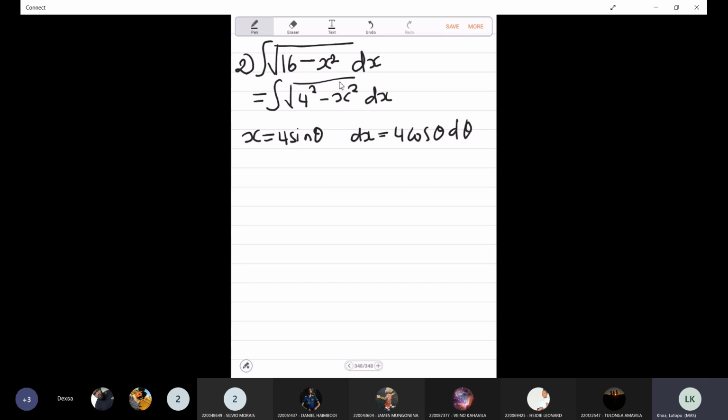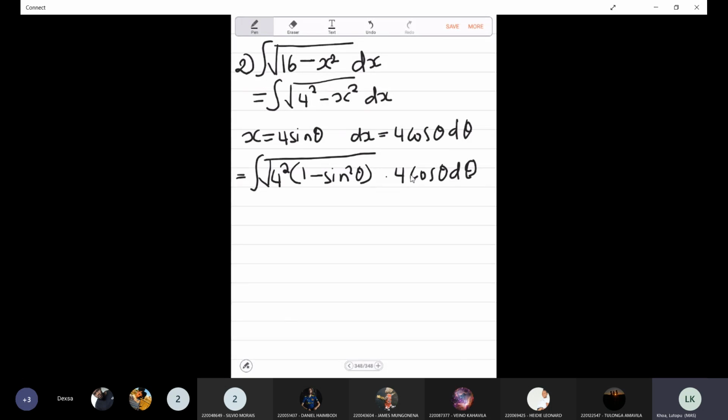Then just substituting, this is the integral of square root of 4 squared times 1 minus sine squared theta, and then dx is 4 cos theta d theta. Okay, the square root of 4 squared is just 4. It'll come out and multiply with that one.